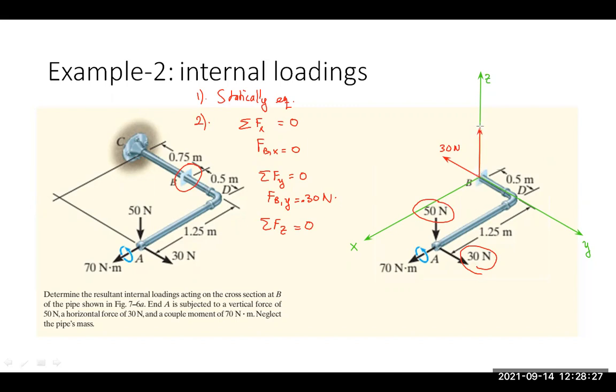So here we will have the 50 Newtons of force. So F at point B in z direction is equal to 50 Newton, to balance out this force. Okay, so now the force analysis is already in equilibrium.